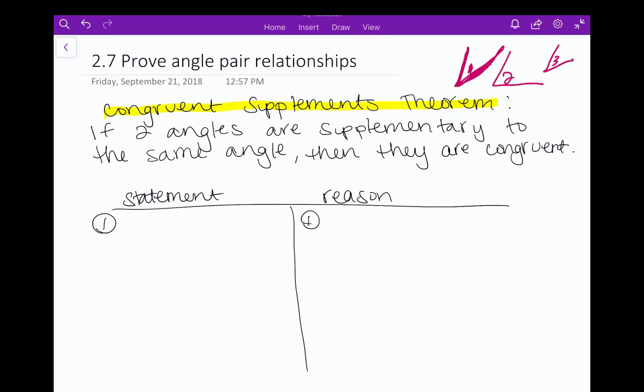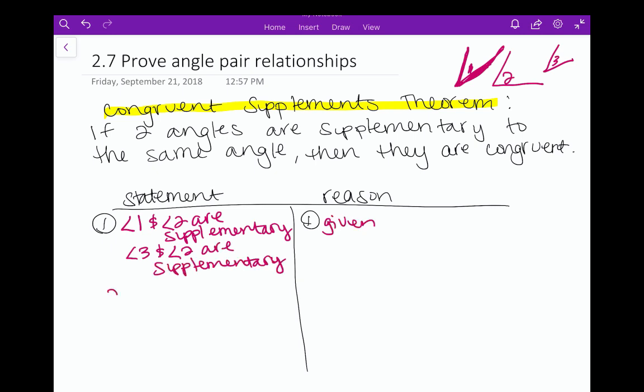So we could say that angle 1 and angle 2 are supplementary. And then also angle 3 and angle 2 are supplementary. That's what's given. That's what we're assuming. And what we're trying to prove is that angle 1 is congruent to angle 3.